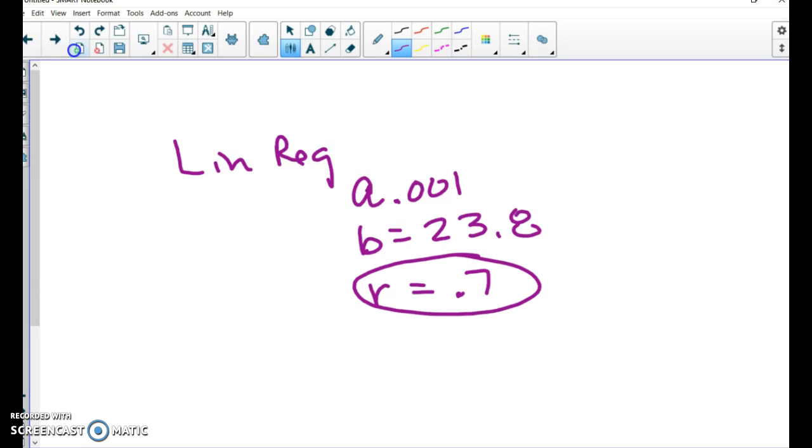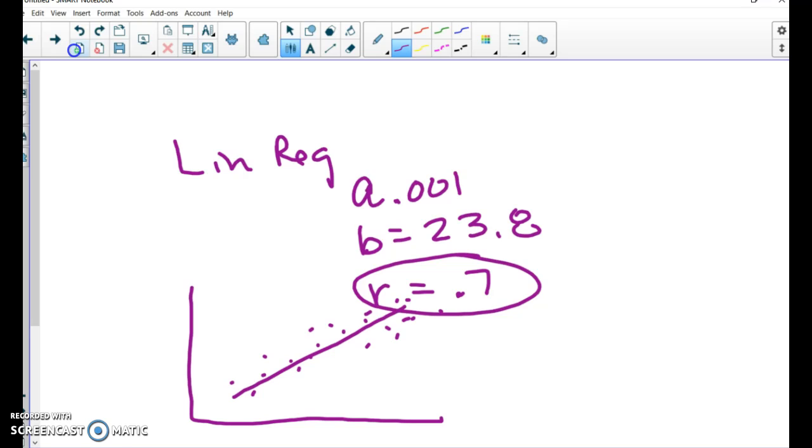We see the correlation factor to be positive and to be fairly close to 1. So we would expect data that was not extremely tightly bundled around the line of best fit. And that line being, let's not fail to mention that, our line that the calculator just came up with is y equals 0.001 x plus 23.8.